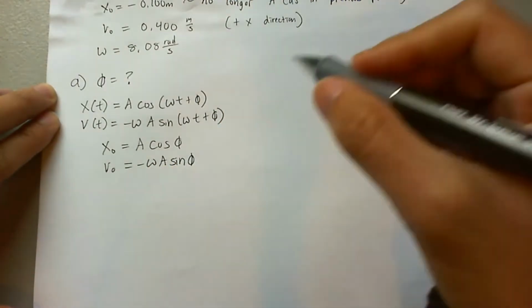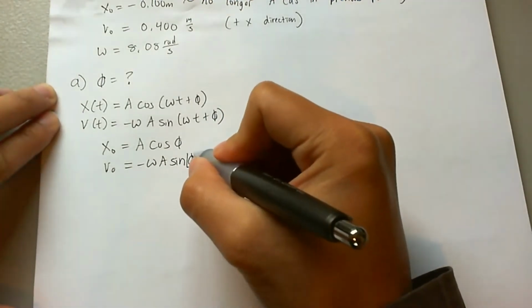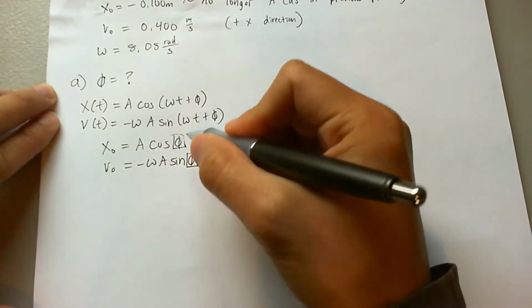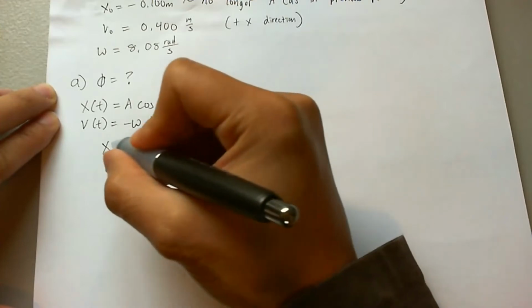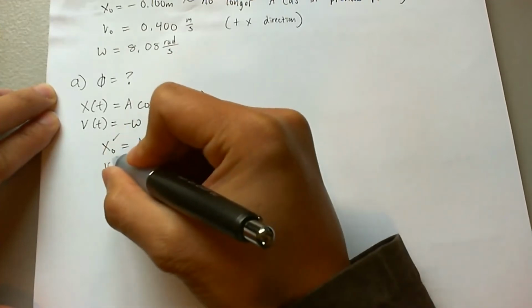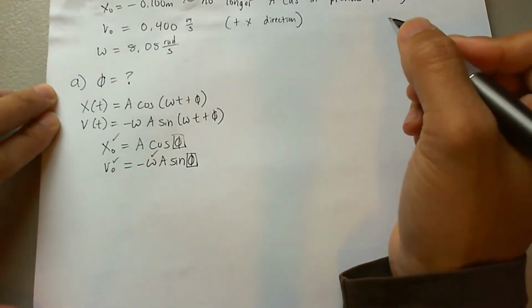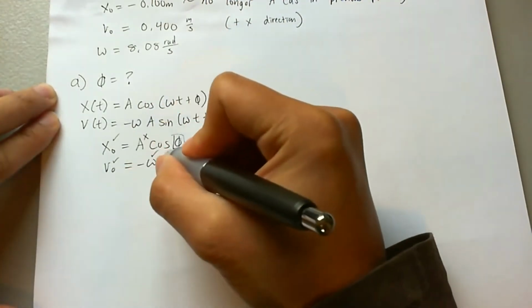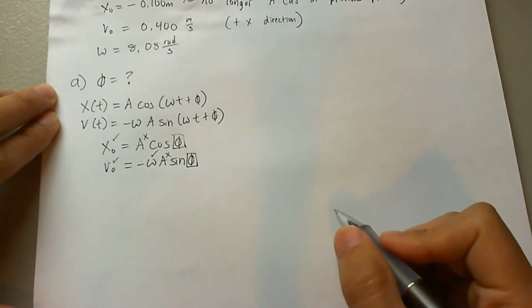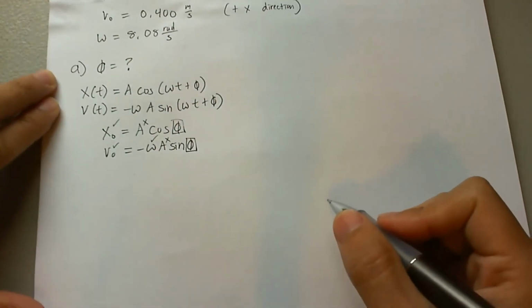Well, that's perfect. What we need to find is phi for one of these two equations. We know what x naught is, given in the problem. We know what v naught is, and we know what omega is. The issue is we don't know what A is, but we can come up with something clever.